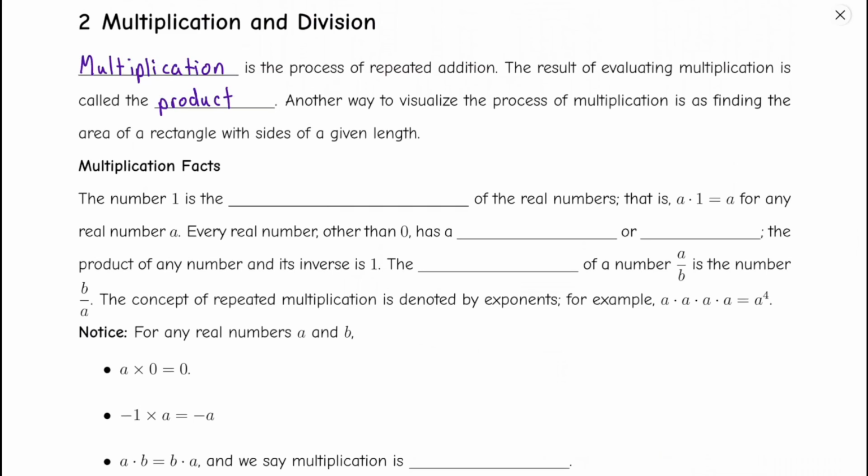Another way to visualize the process of multiplication is as finding the area of a rectangle with sides of a given length. For example, if we want to do 3 times 4, we can take a rectangle of width 3 and length 4.